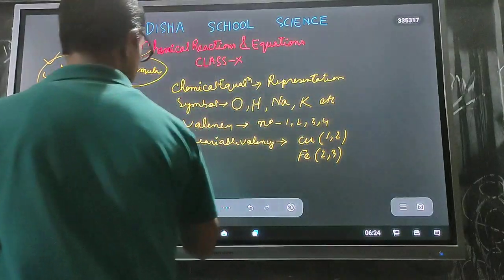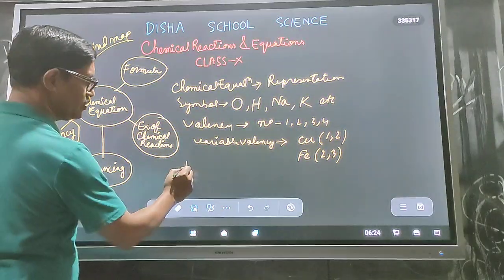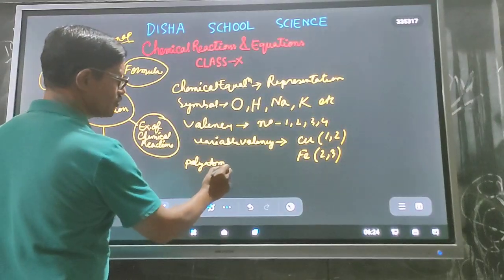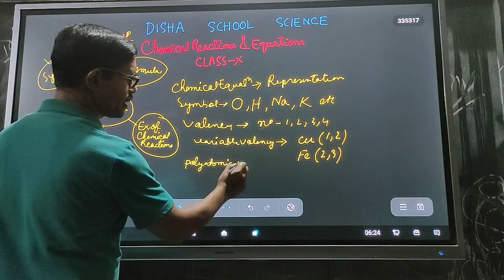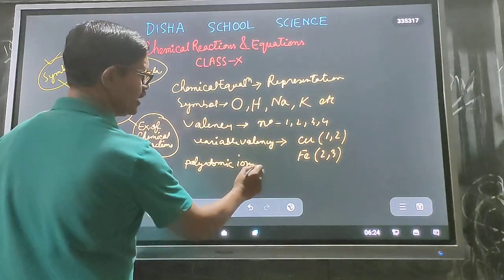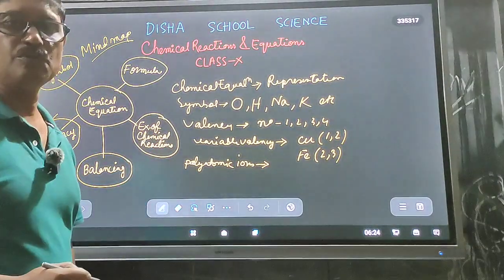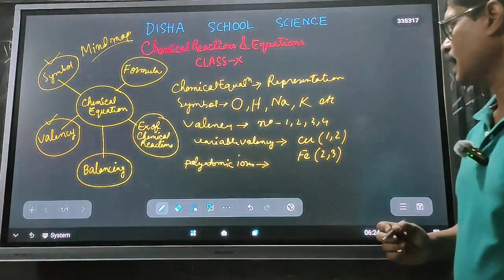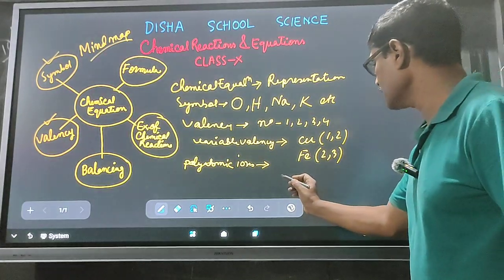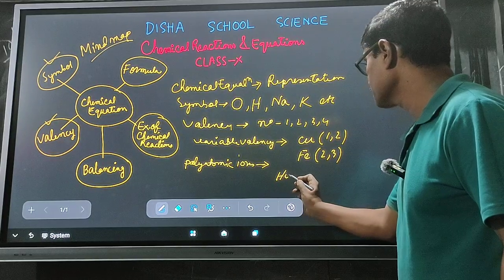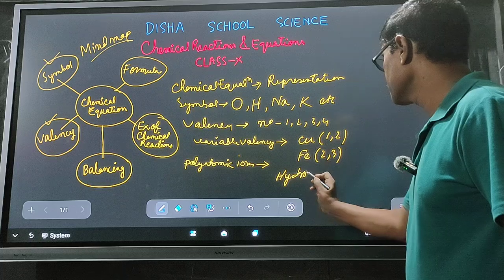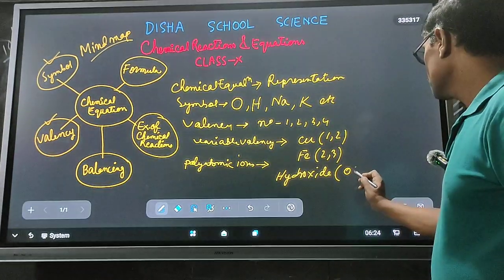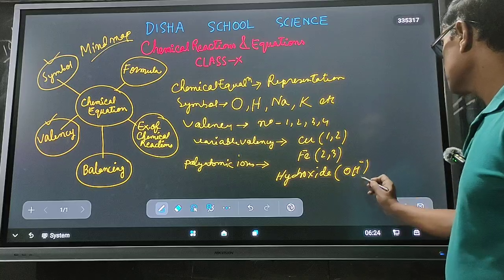And another is there, valency of polyatomic ions. Polyatomic ions means group of atoms having charge, called ions. For example, hydroxide, written OH.